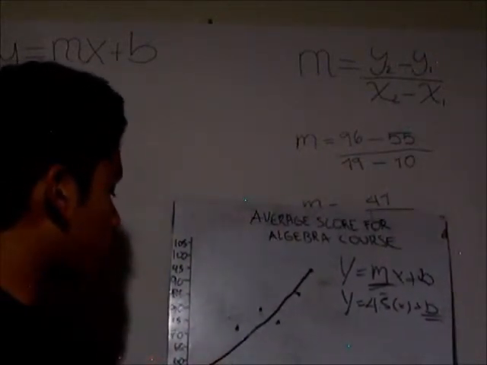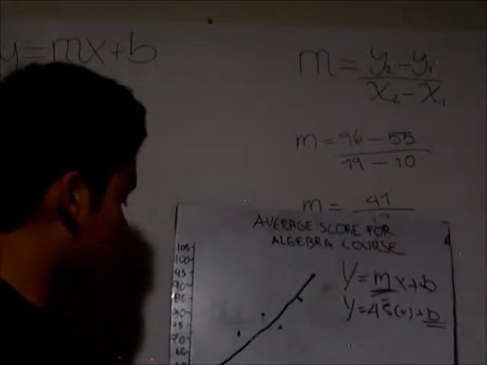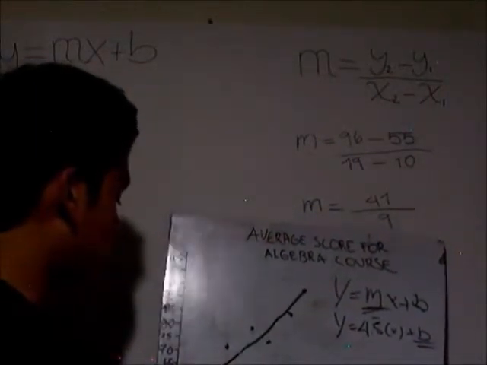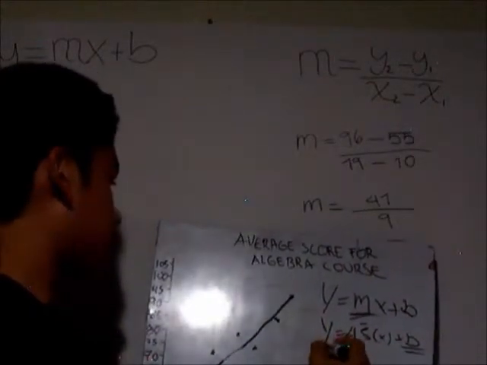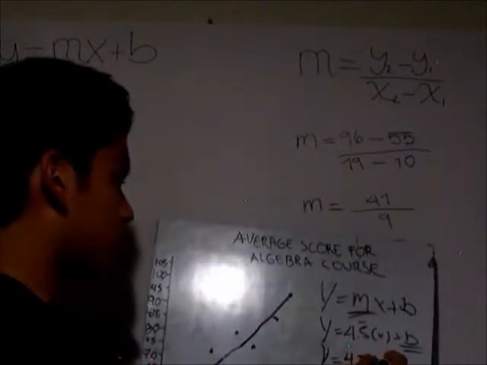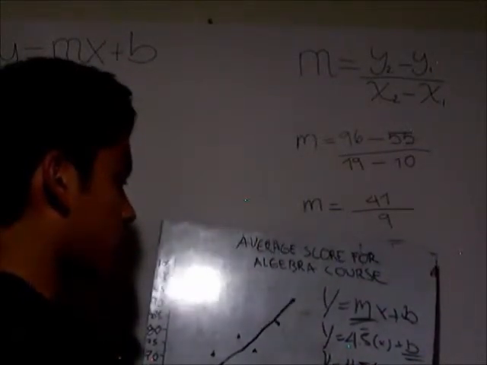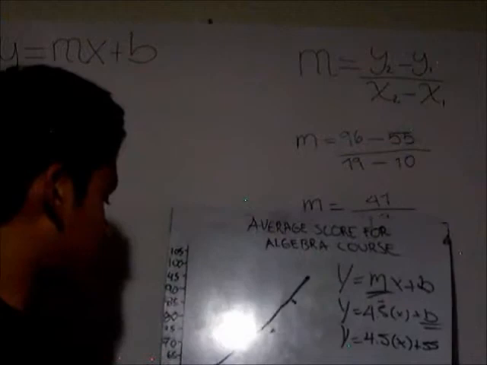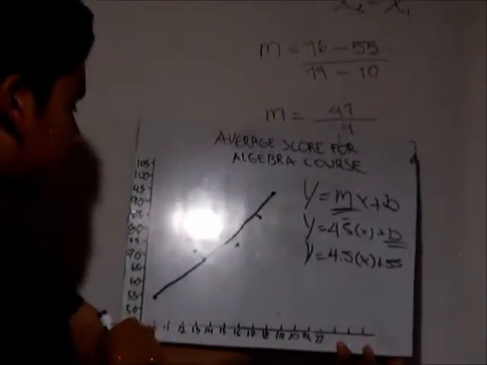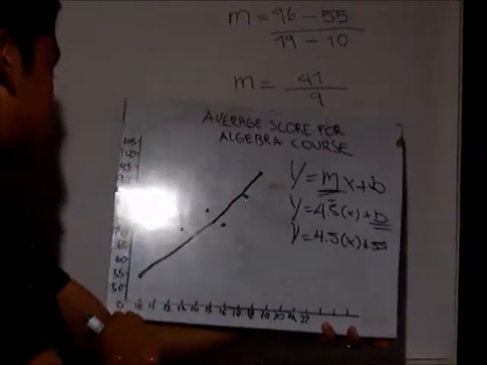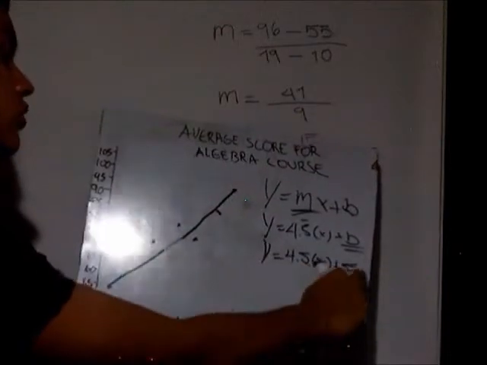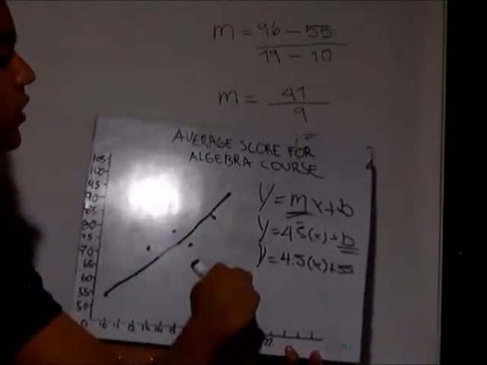So if we move it, then b will be 55, because we put it at the 10 that is located on the x-axis. So the point is at 55. So now we have the equation.